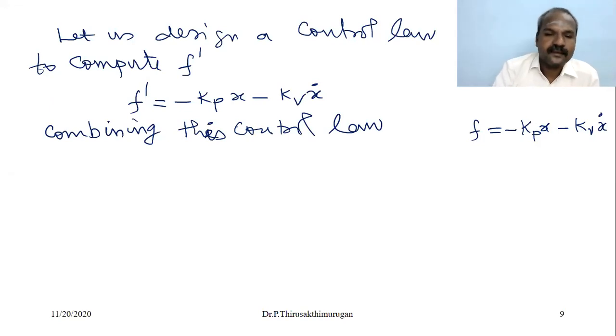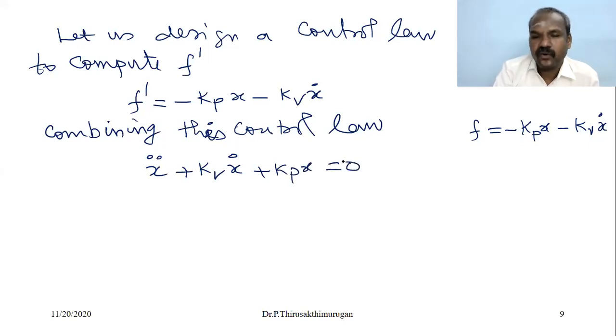So what do we get? X double dash plus Kv times X dash plus Kp times X equal to 0.